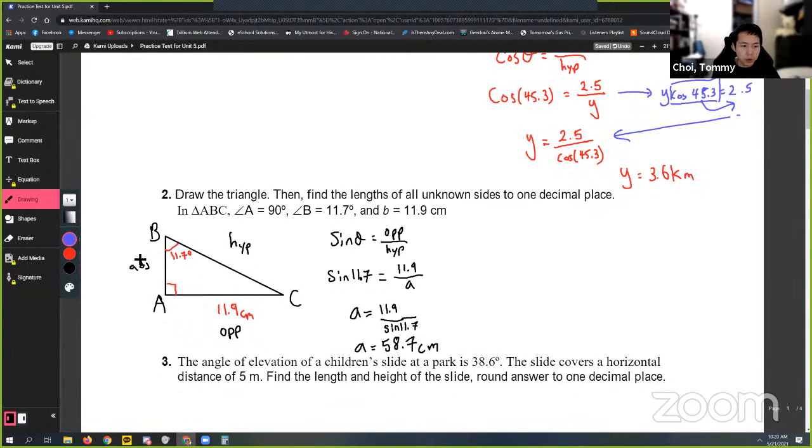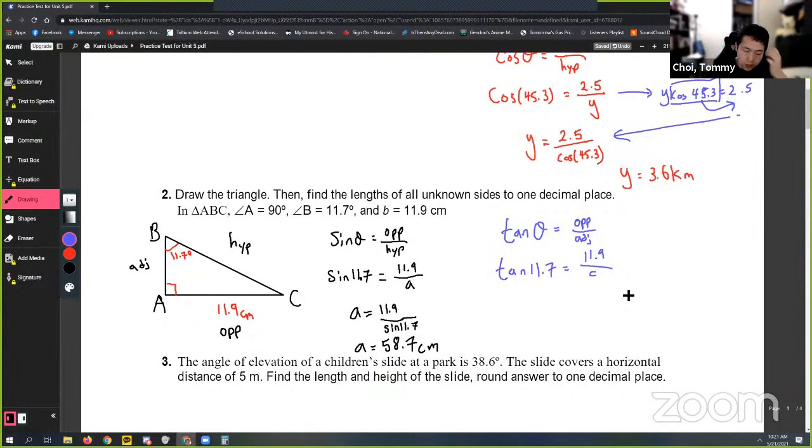If I'm solving for side C, since we have opposite and we want adjacent, I'm going to use tan for this one. So it's going to be opposite over adjacent. And that's going to give me tan of 11.7 is equal to opposite, which is 11.9, divided by adjacent, which is C. Same process.